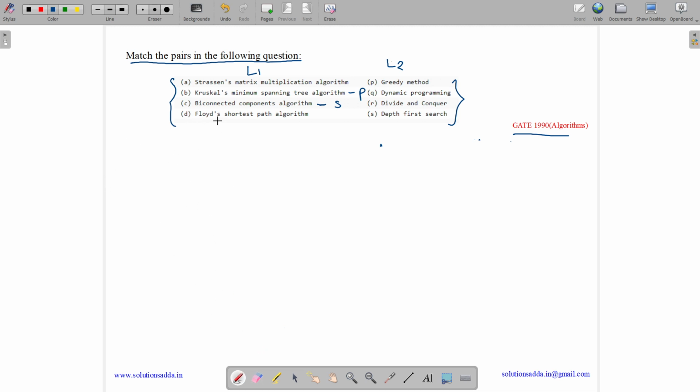Now option D is the Floyd shortest path algorithm. Floyd is basically an all pair shortest path algorithm. Let us suppose we have a graph like this and it may be connected like this. It will have various costs like C1, C2, C3, C4, C5, C6.